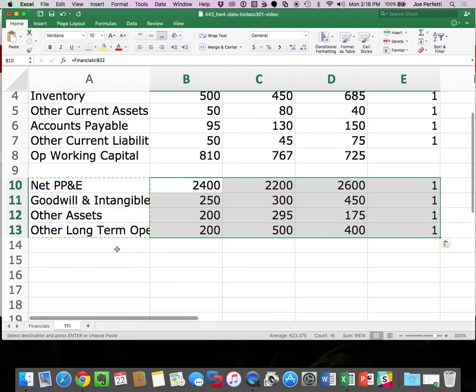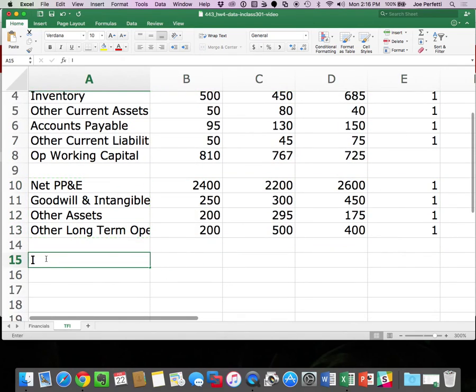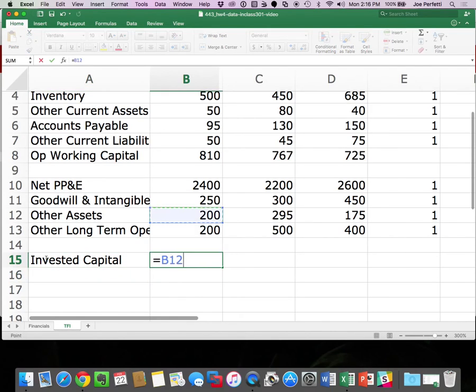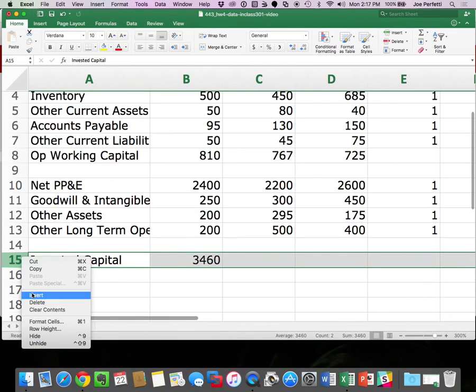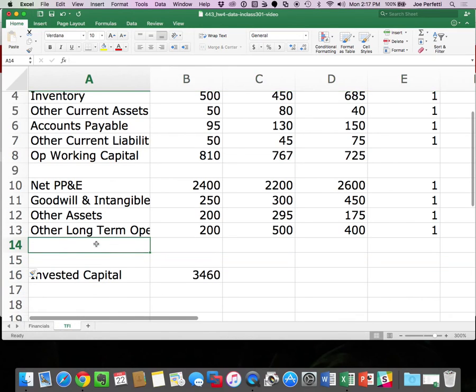So that I have my invested capital is the operating working capital plus this minus this. Now, here's the other way you could do this, right? Now, I didn't do this in the example last week, and I didn't put this in the uploaded solution, but I did this in the earlier class if it helps you.